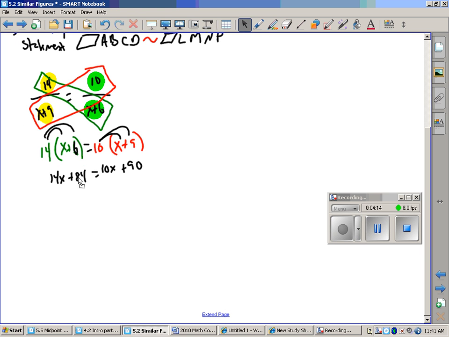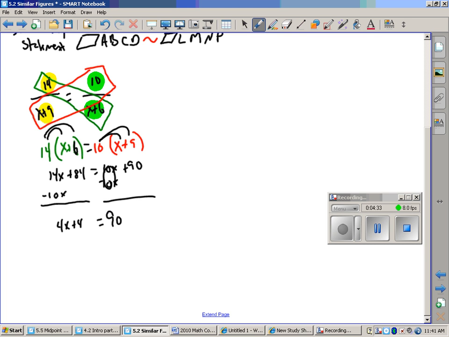Here I have an equation with variables on both sides of the equal sign, so I'll find the smaller amount of variables and eliminate them. Do the same thing on the other side of the equation to maintain its balance. This gives me 0 plus 90, or 90 equals 4x plus 84. And then I'll just follow my two-step equation solving techniques.